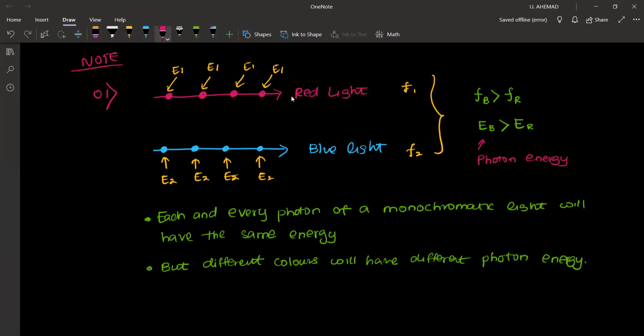But when we take blue color, the frequency is high, therefore the energy is high. Then will red photon and blue photon have the same energy?